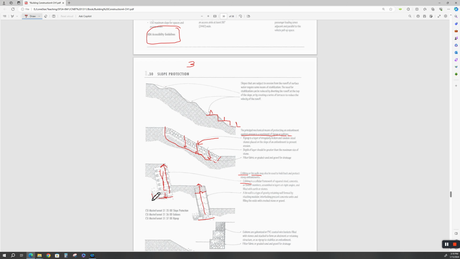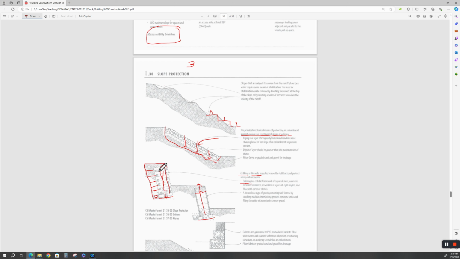You have to excavate back out, and then you have to stack this and start backfilling, and you have to compact your backfill. That puts pressure on all of this to stabilize this slope protection.